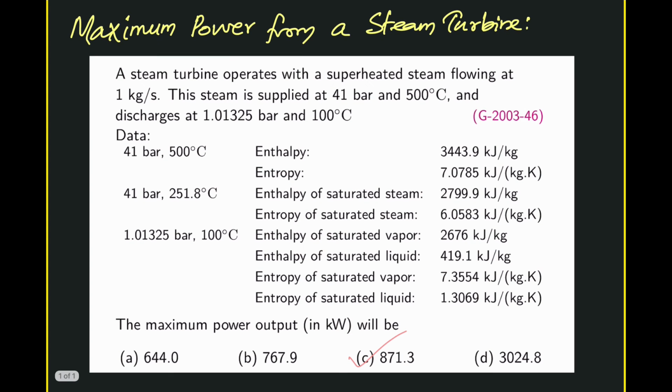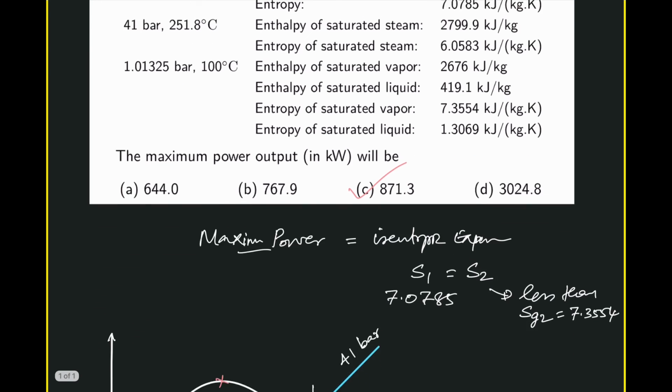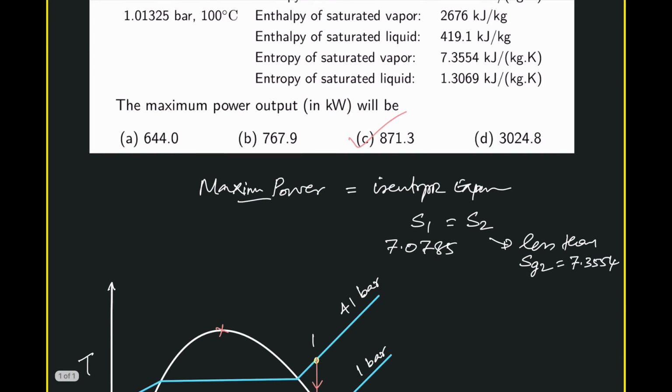Let us summarize the problem again. We are given the inlet pressure and temperature conditions and the exit pressure and temperature conditions. The inlet is a superheated vapor and the exit is a mixture of vapor and liquid. To find the fraction of vapor, first we make use of the relation of isentropic expansion, because maximum power is obtained from isentropic expansion.